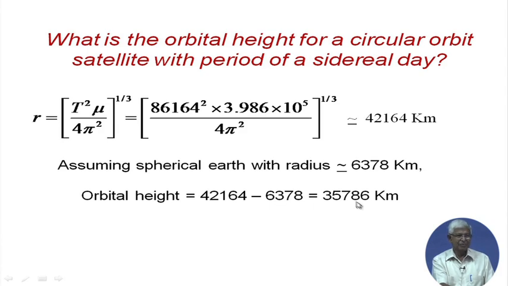These are all rough numbers; sometimes people call it 36,000 kilometer. If you recollect, in the last lecture we said that at 36,000 kilometer height it will be relatively stable. So, this calculation says that at this orbital height of 36,000 or 35,786 kilometer, assuming this is the radius of the earth, it will be relatively stable.